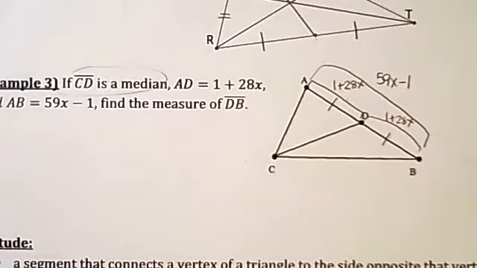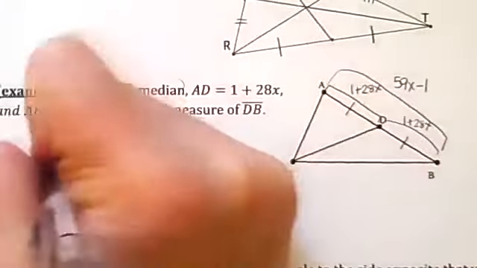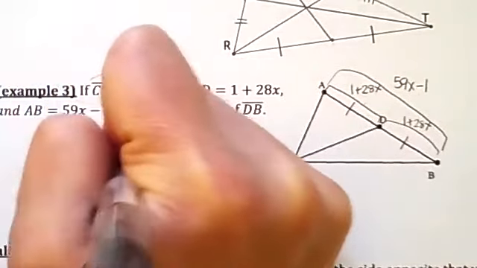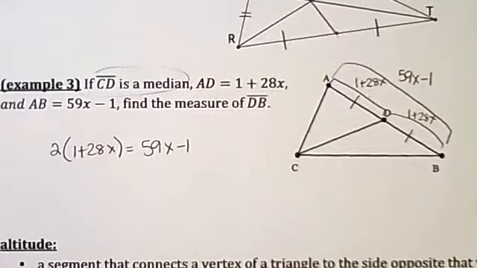So then we're going to set up this plus this equals 59x minus 1. You can also do 2 times (1 plus 28x) equals 59x minus 1.